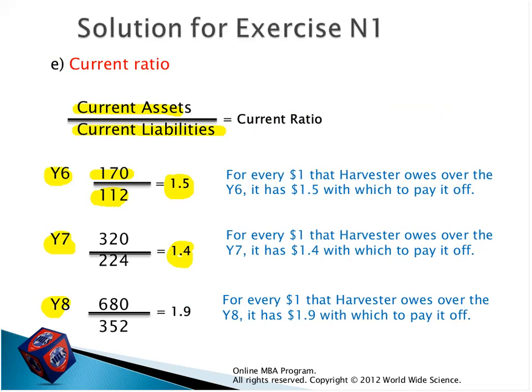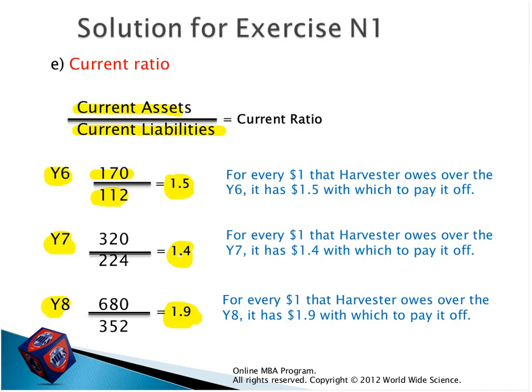It's almost 2, right? We have almost the ideal ratio in year 8. Harvester, over the year 8, has $1.9 with which to pay it off, which means the current assets are almost twice the liabilities. So here is, as we can see, the problem with year 7. Can you see?